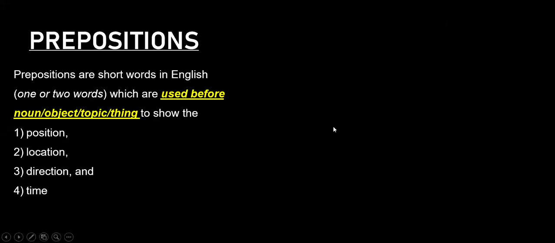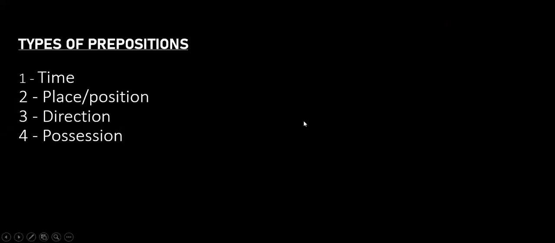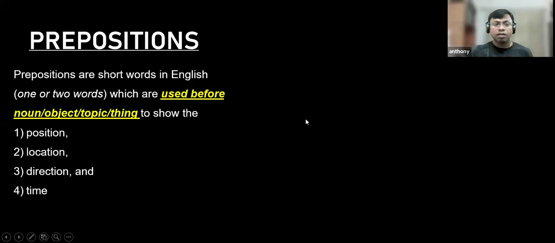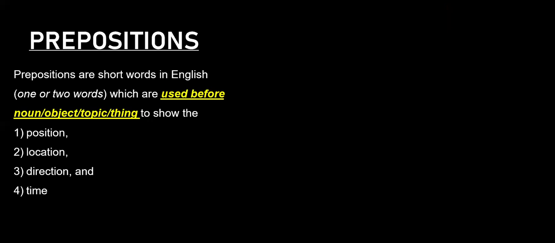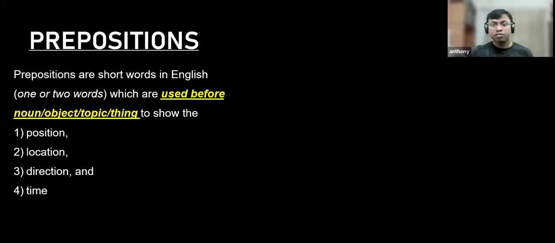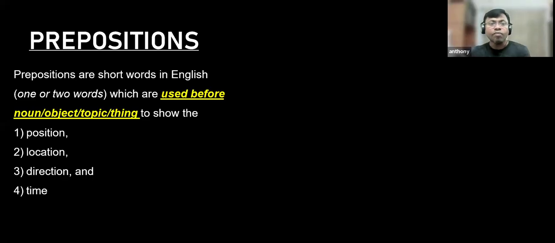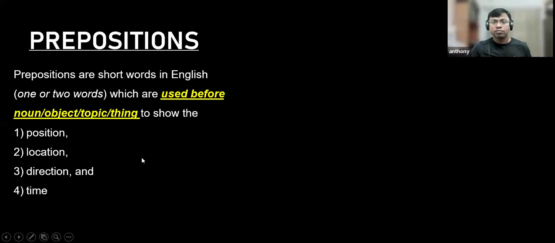One or two words which are used before a noun or object or topic or thing to show position, location, direction, and time. So prepositions are the words used before the noun.